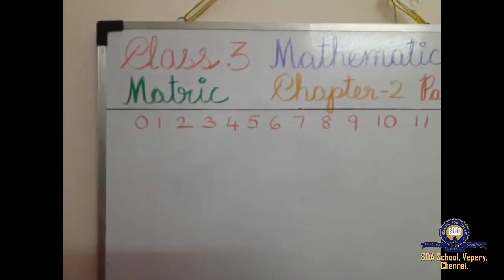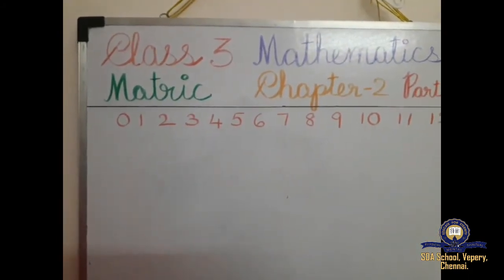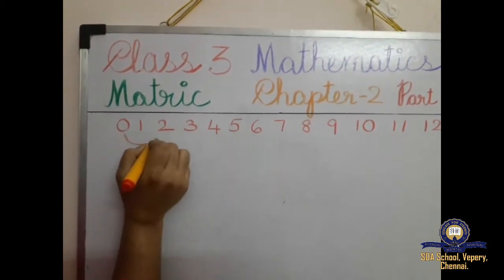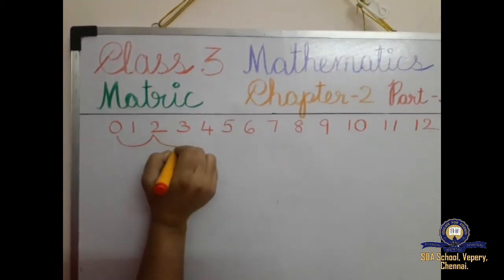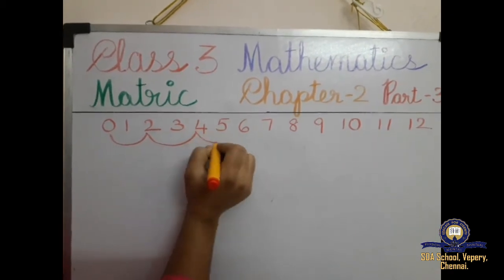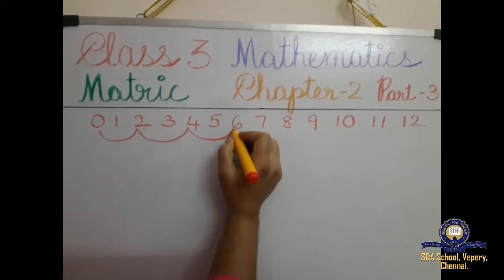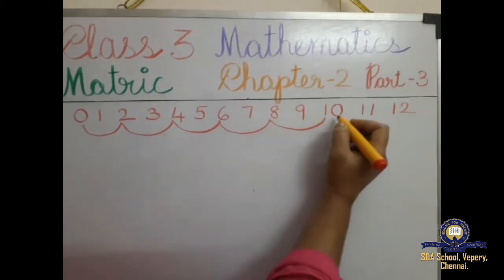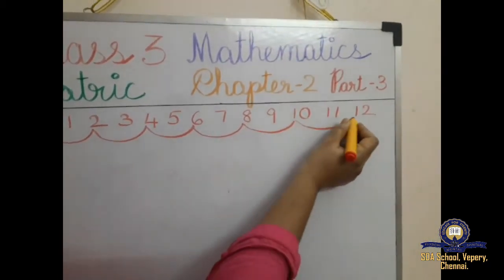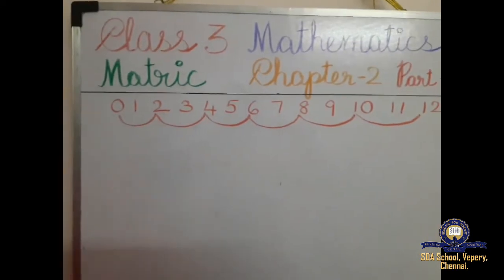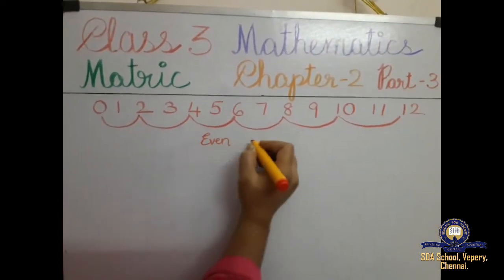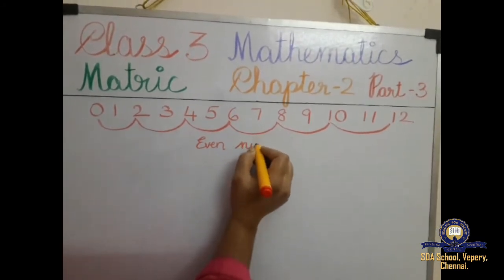So, in this, what are the even numbers? Do you remember? 0, 2, 4, 6, 8, 10 and 12. So, these are the even numbers, right?